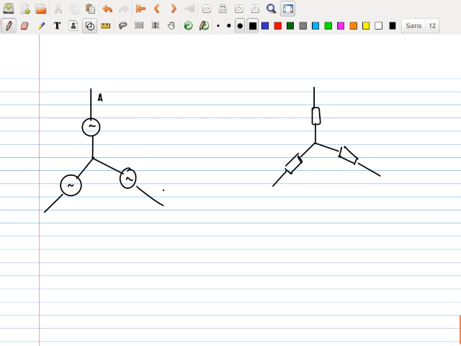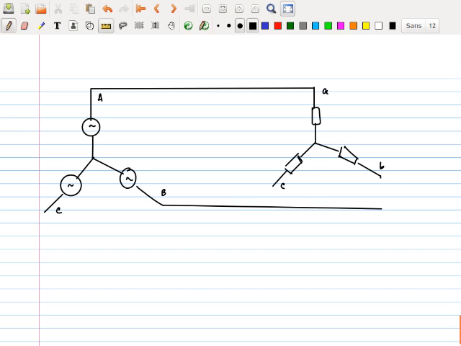This is A, that is B, this is C. This is small a, this is small b, that is small c. A will be hooked up to a, B would be hooked up to b, and C hooked up to c. That's a full three-phase system.